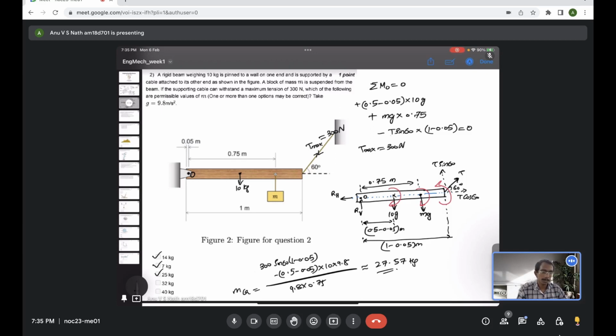The string will not break if you load a lesser mass, so the system will still be permissible. 32 and 40 are not possible because they are beyond 27. I hope that is clear. Any doubt in this section?